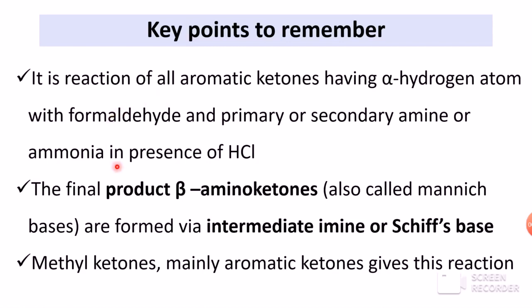The product formed is a beta amino ketone or beta amino carbonyl compound, also called Mannich bases. The intermediate formed is an imine or Schiff base. Mainly methyl ketones or aromatic ketones use this reaction.